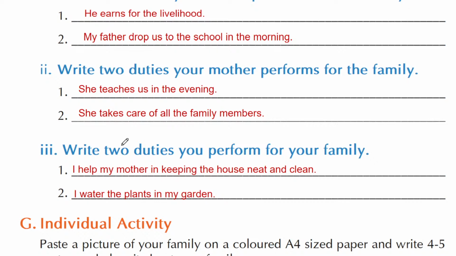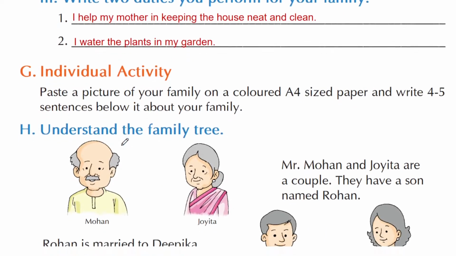I have written, I help my mother in keeping the house neat and clean. I water the plants in my garden. So these 2 activities or these 2 duties are very good. So you can write down whatever activities or whatever duties you perform for your family here. So you have to write down 2 duties that you perform for your family.